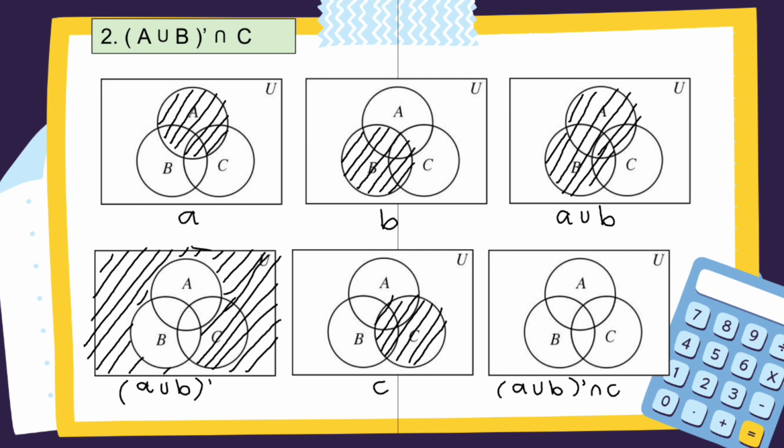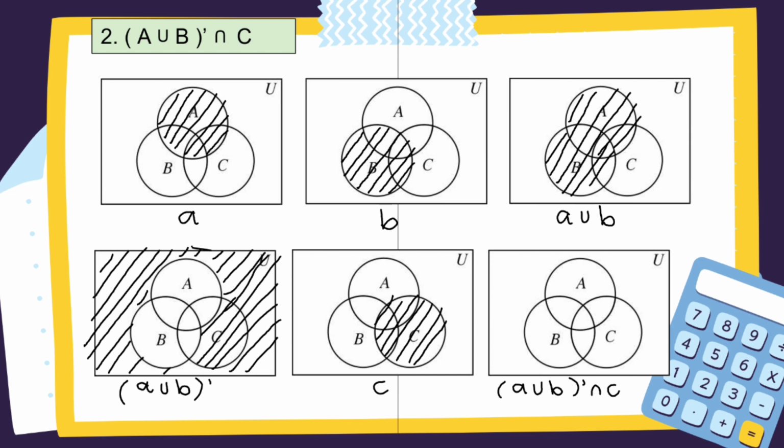Intersection means what is the same shaded part in the fourth box and the fifth box.